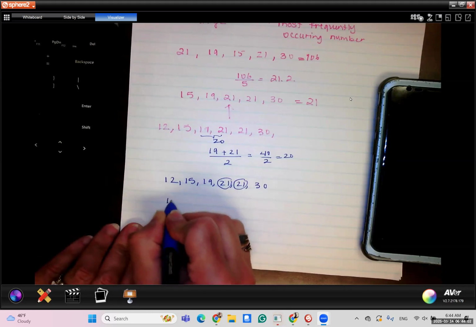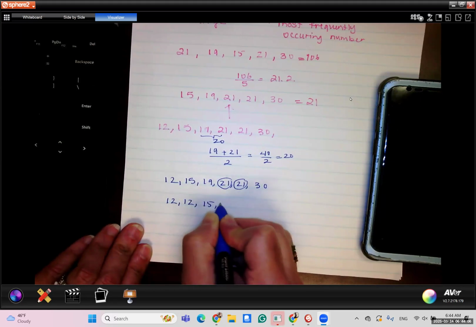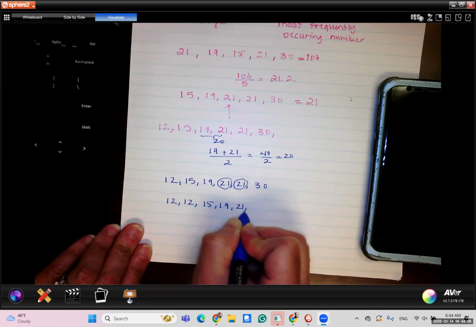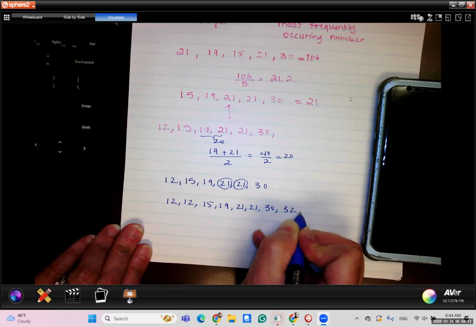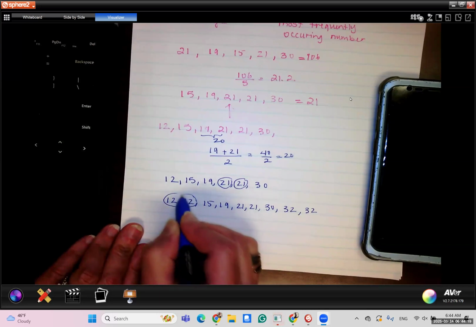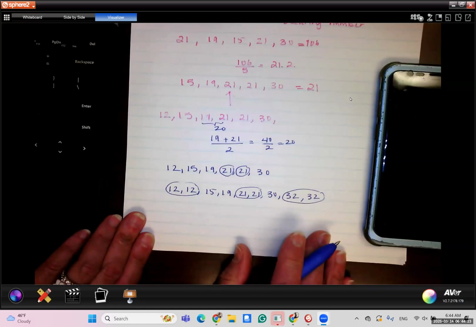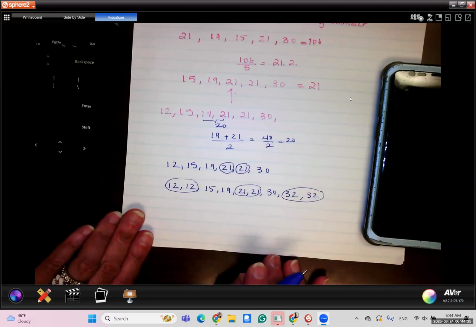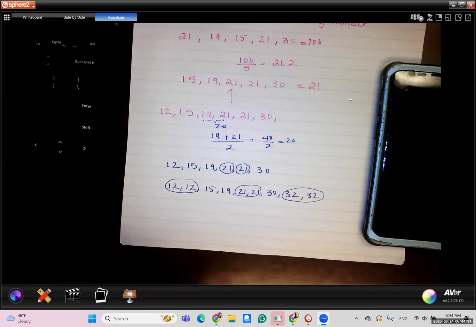So let's say you had 12, 12, 15, 19, 21, 21, 30, 32, 32. Then we're going to have three modes: 12 and 12, 21 and 21, 32 and 32. So this is trimodal, it has three modes. Now for mode, you don't have to put the numbers in order, but it's easier if you do, just to see. But you don't have to.